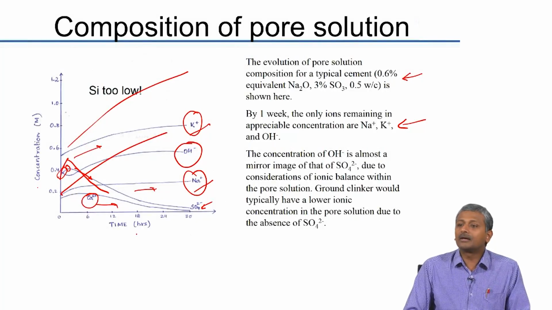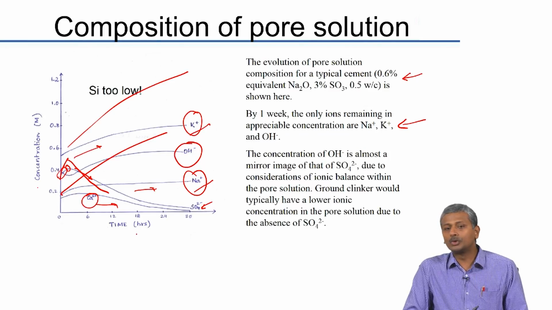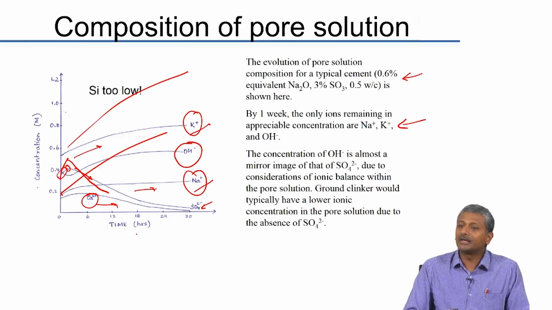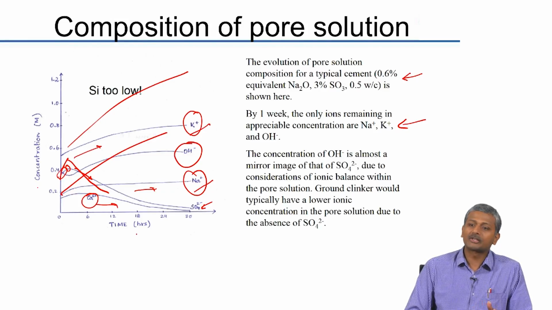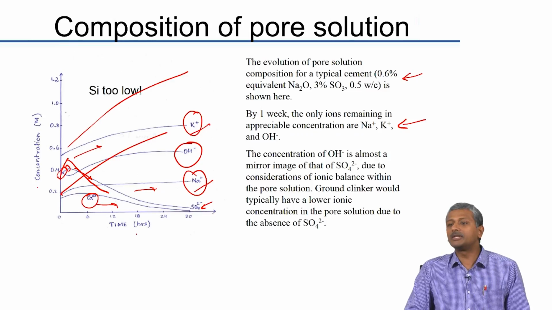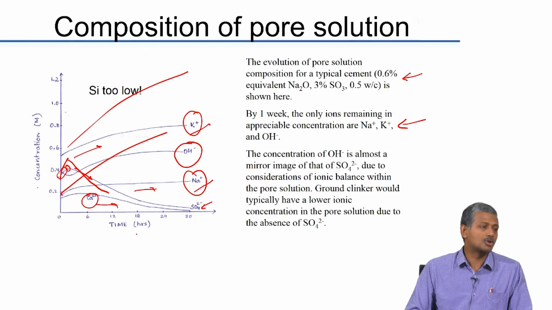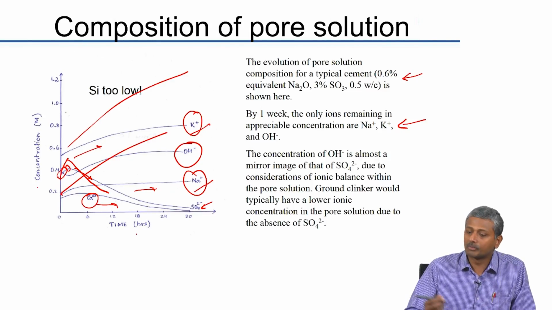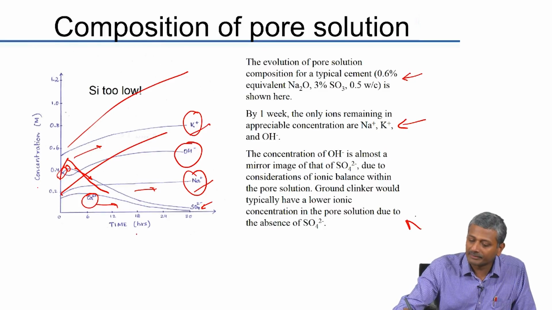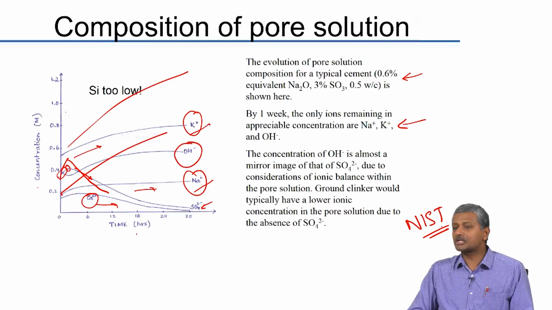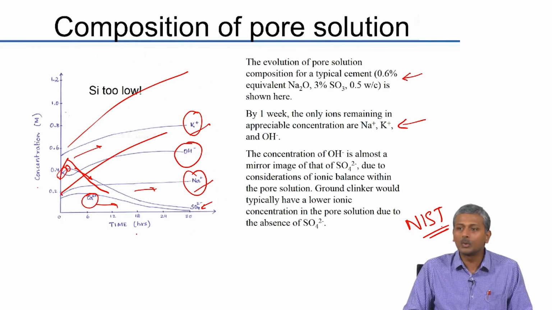However, there are also guidelines to look at what can be an approximate pore solution composition based on the initial cement composition. That means the initial oxide composition of the cement can be used, and you can do a simulation to determine the approximate pore solution composition. This is made possible by some work done by NIST, the National Institute of Standards and Technology based in the US.